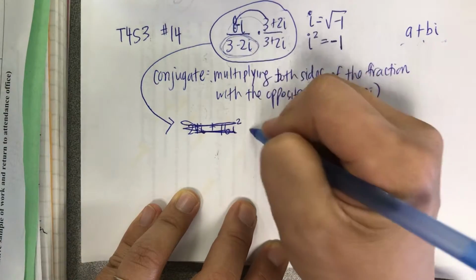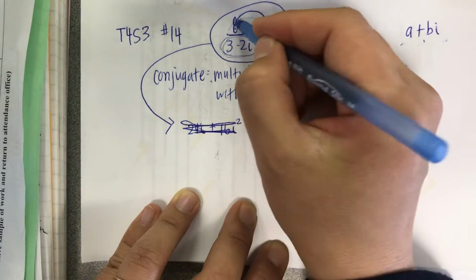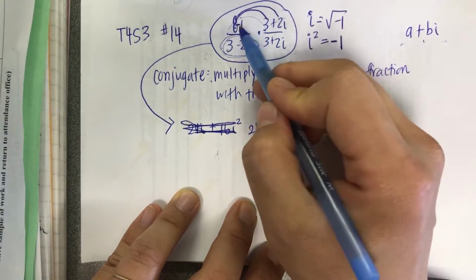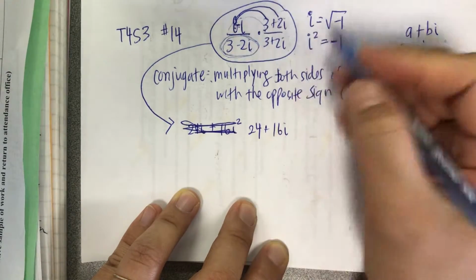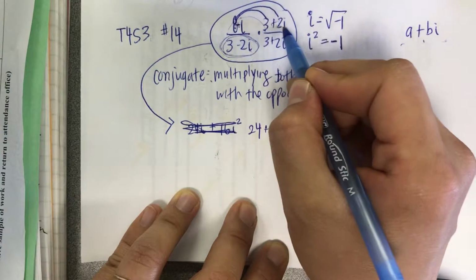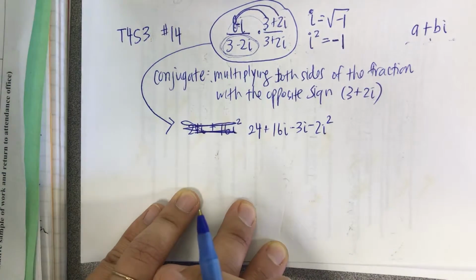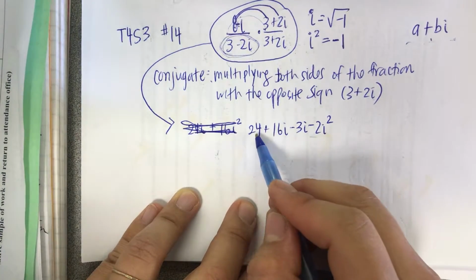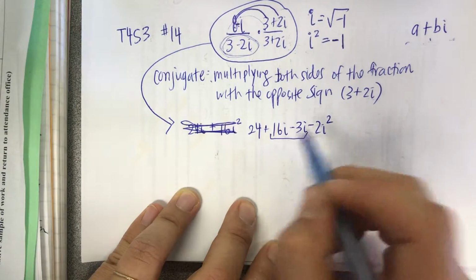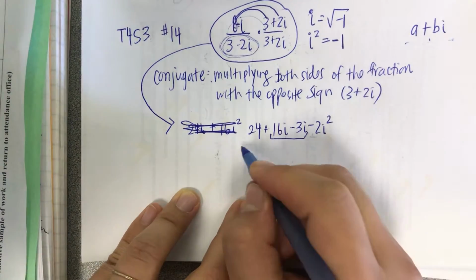So 8 times 3 is 24, and 8 times 2i is going to be plus 16i. Then I'm going to go negative i times 3 is negative 3i. Negative i times 2i is going to be negative 2i squared. Okay? So let me just check my work. 24 plus 16i minus, and we could combine these, guys, equals negative 2i squared. Okay?